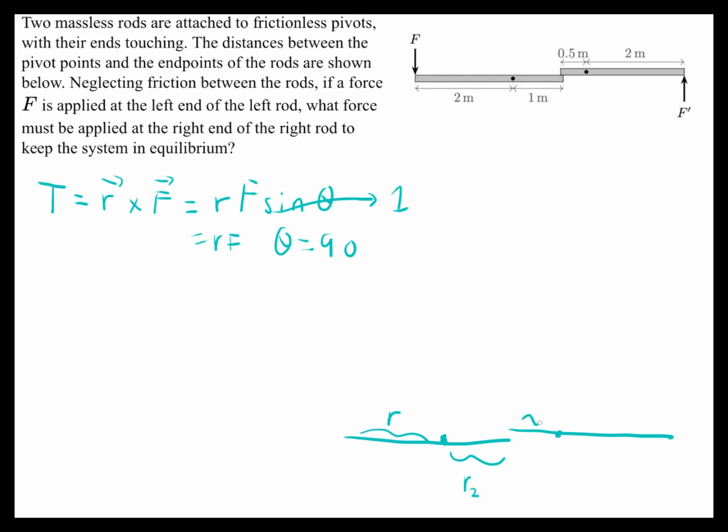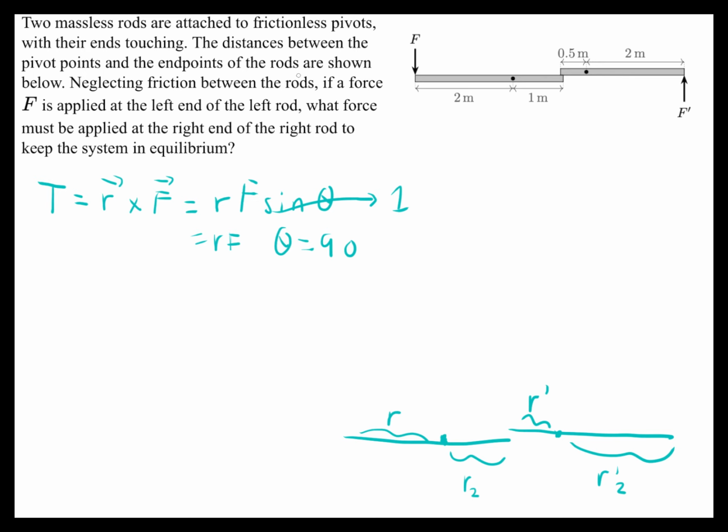I'll call this distance, which is 0.5 meters, R prime. And I'll just call this distance R prime 2. So I'm just going to assign variables to the distances so that we can represent them in equations.